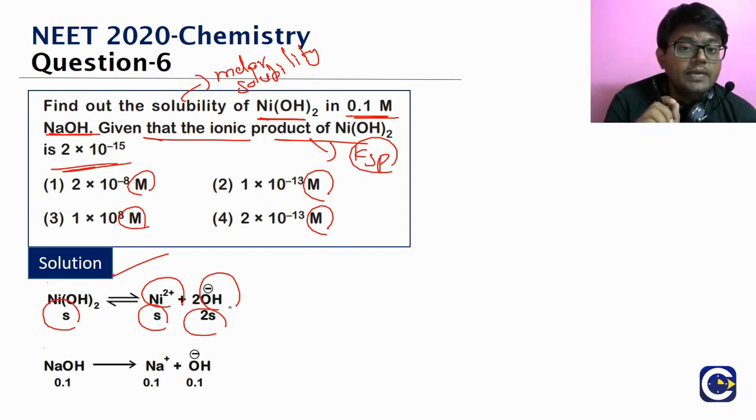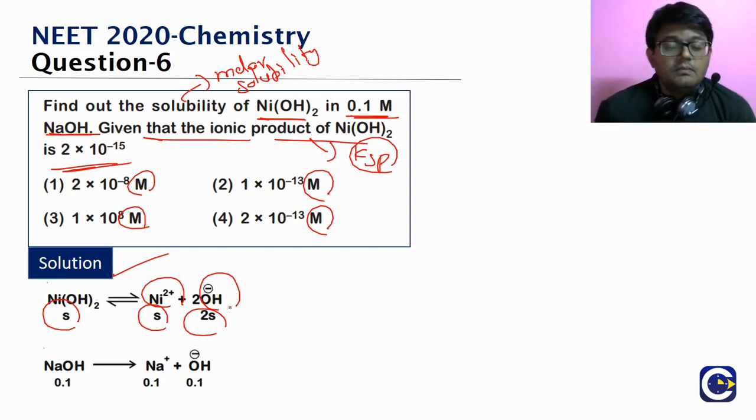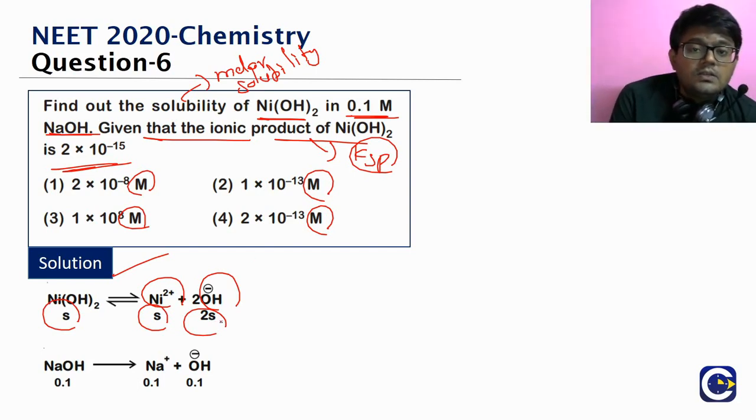Why 2S? Because if you dissolve 1 mole, you get 1 mole of nickel 2+ ions and 2 moles of hydroxide ions.